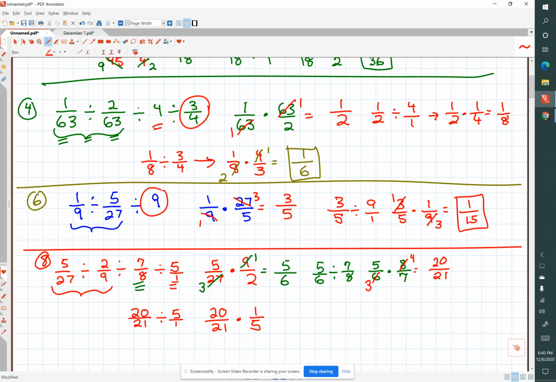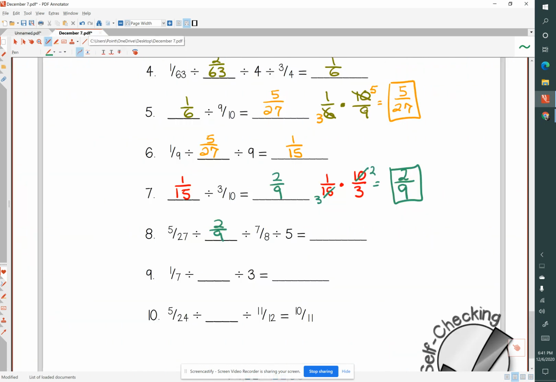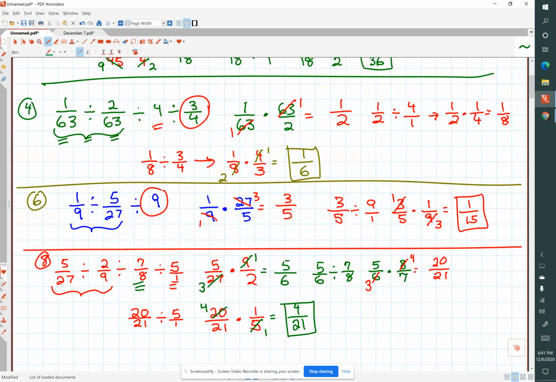And I see that I can simplify. 5 divided by 5 is 1, 20 divided by 5 is 4, and I can multiply straight across. 4 times 1 is 4, 21 times 1 is 21, and that's the final answer. 4 over 21, which I put right here, and I think I'm going to use my scratch paper for number 9.